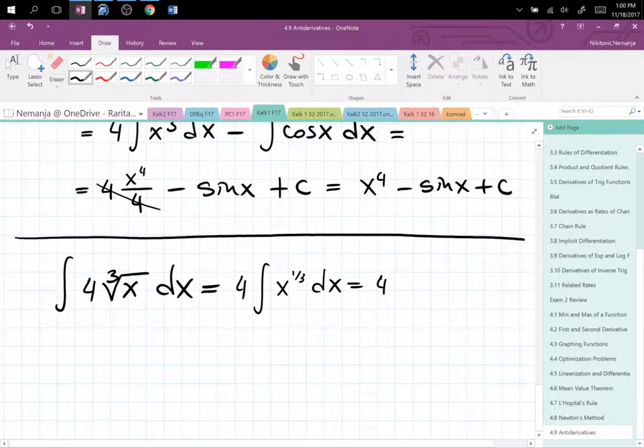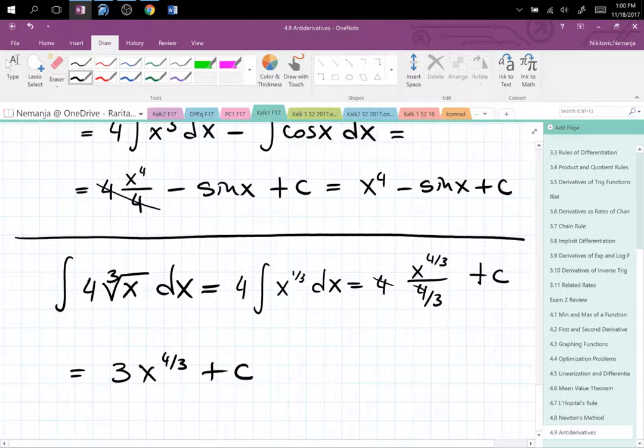So 4, and now it is x to the 4/3 divided by 4/3 plus c. Simplify double fraction. Well, 4 and 4 will cancel, and we have 3x to the 4/3 plus c.